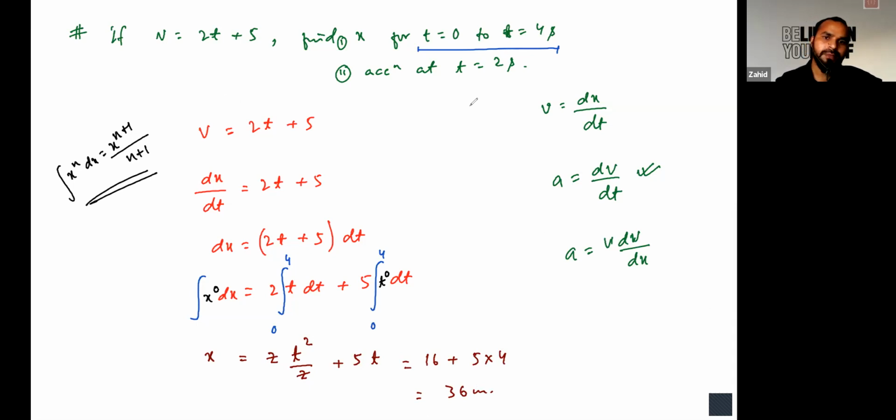Salman, have you got the same answer? Okay, try to do the second part. Find acceleration. Okay, try the second part.